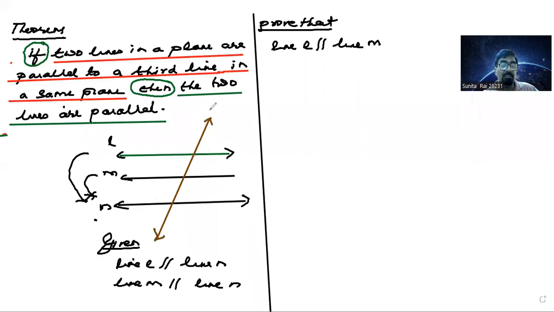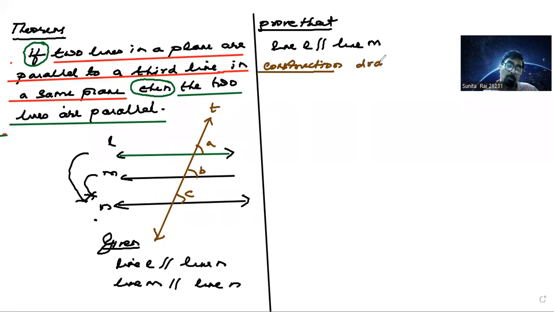So I have drawn line P as a transversal and I mark these angles A, B and C. Okay, see, draw construction. What construction am I doing?